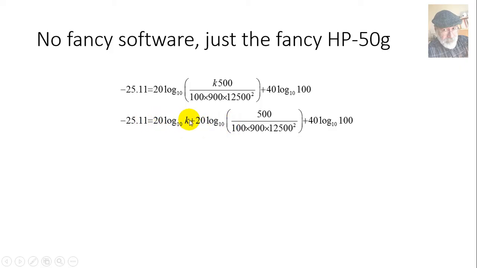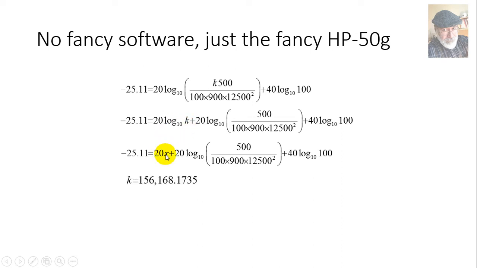So we have a linear equation in log K. Let me call log K X, that is my unknown, and we can enter that in the calculator and solve for X, which is log K, and find the antilog to find K. See? Piece of cake. Let me do just that.